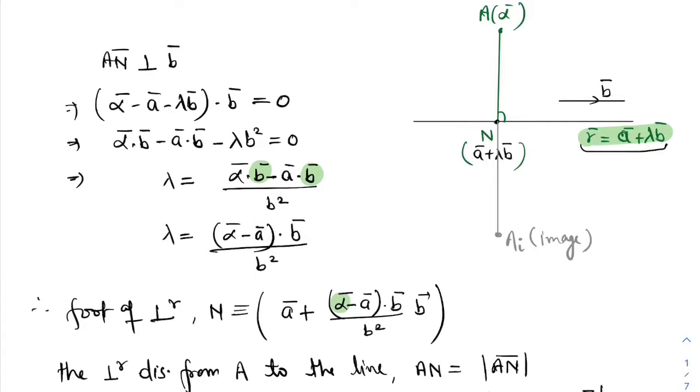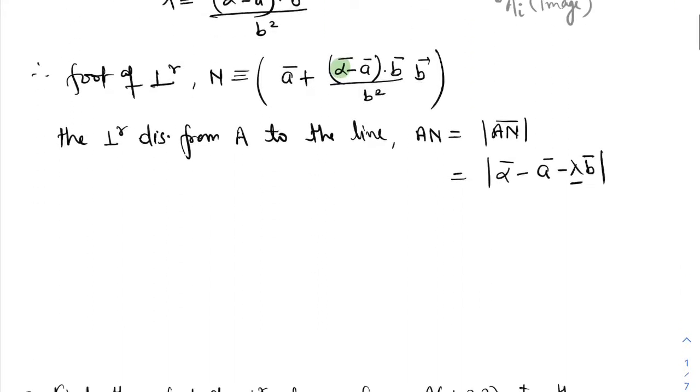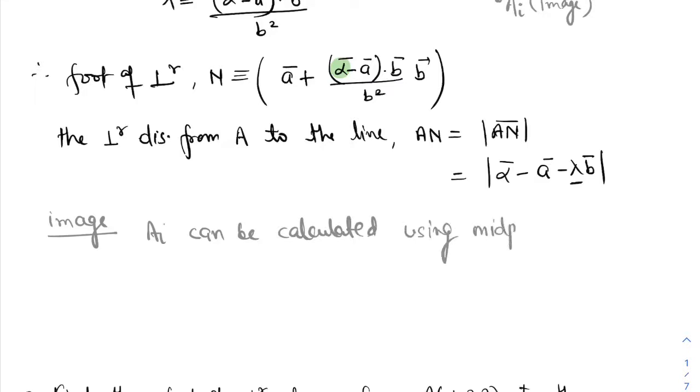So I can write, the image, that is AI, its position vector can be calculated using the midpoint formula.